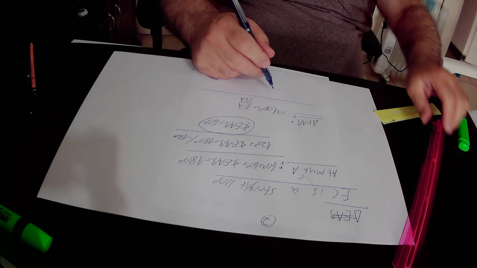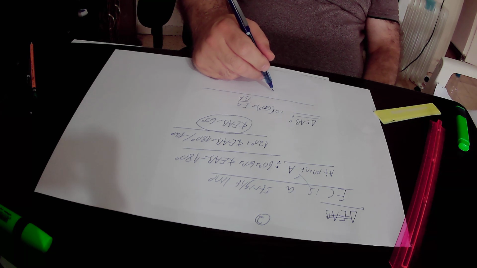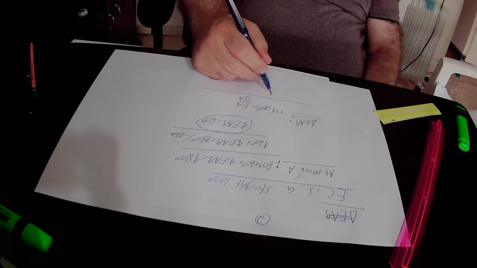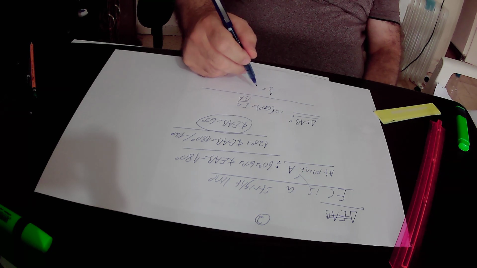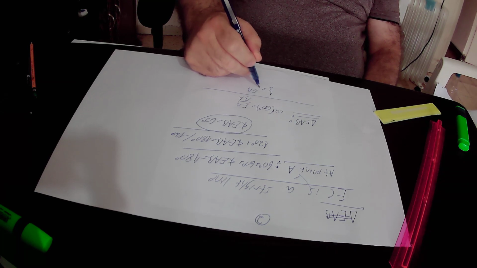Cosine 60 degrees is 1/2, so we substitute cosine 60 degrees by 1/2, and it is equal to EA over BA.